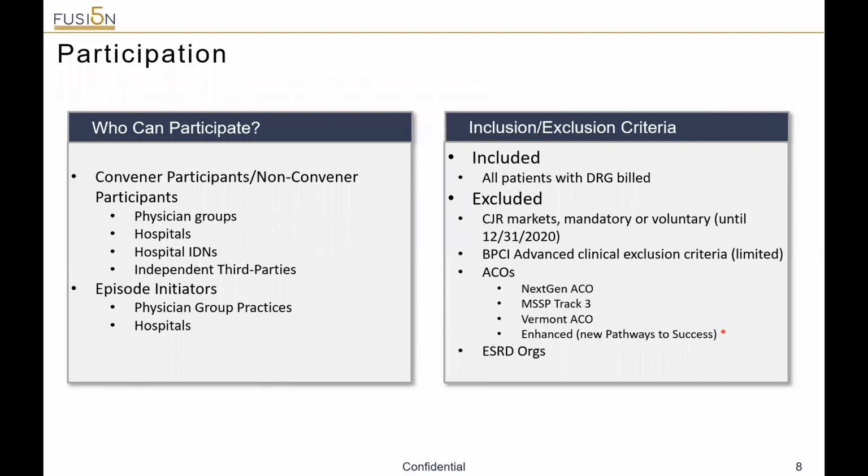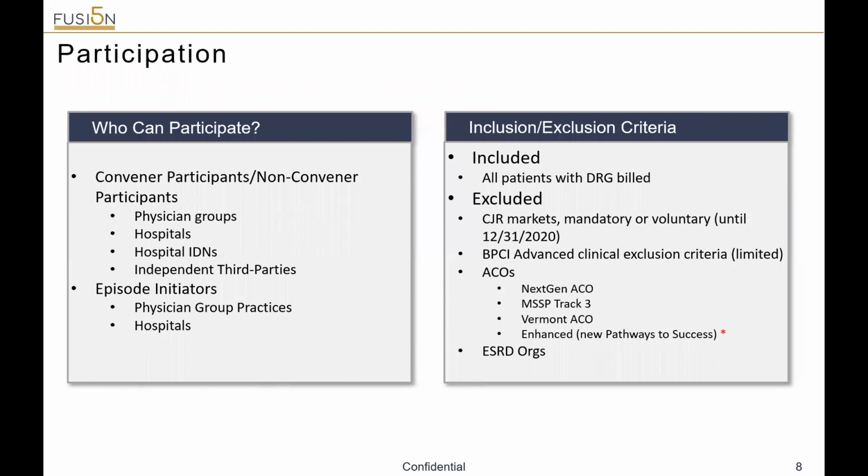Excluded in terms of participating are patients in the various areas, or if you're in a CJR market. CJR is the Comprehensive Care for Joint Replacement Program. That is a mandatory, started as a mandatory program several years ago. It now is split between 34 mandatory markets based on MSA. And the opportunity for 33 markets that used to be mandatory went voluntary.